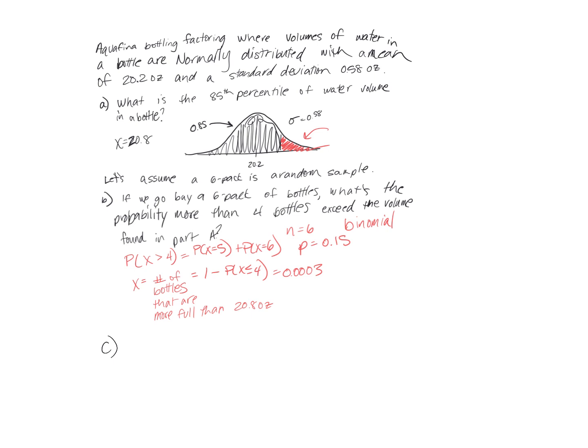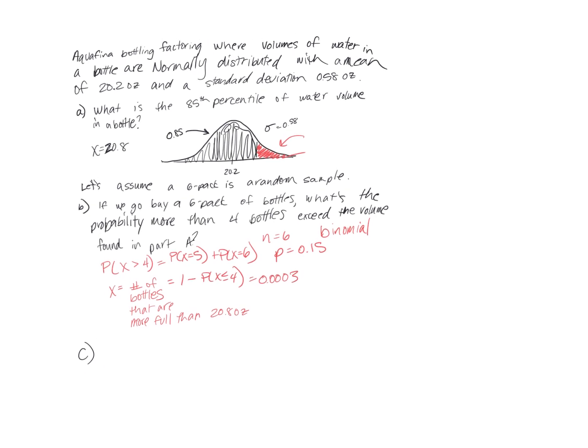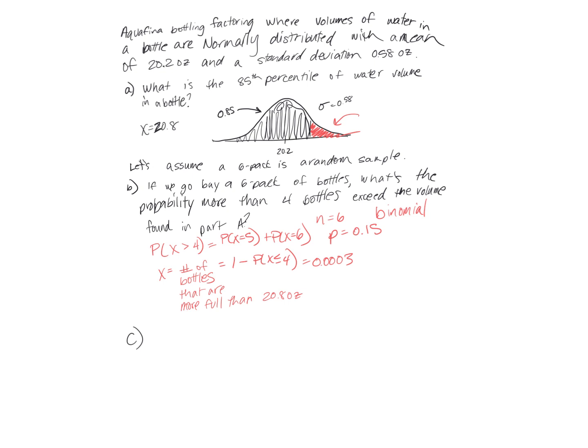Are we okay? Do we want to talk about this anymore? Are you ready for part C of this question? It turns out that these bottles are supposed to have 20 ounces in them, right? So they're concerned that if a customer goes and buys a 6-pack and the average is less than 20 ounces, that they're going to get sued.